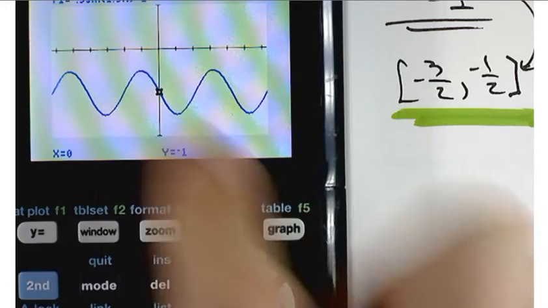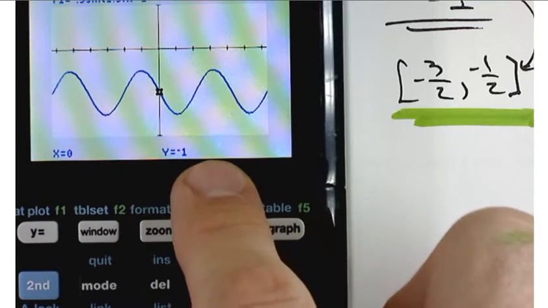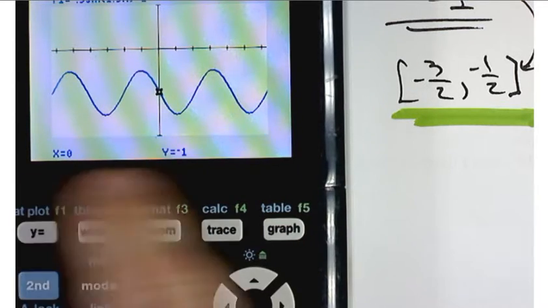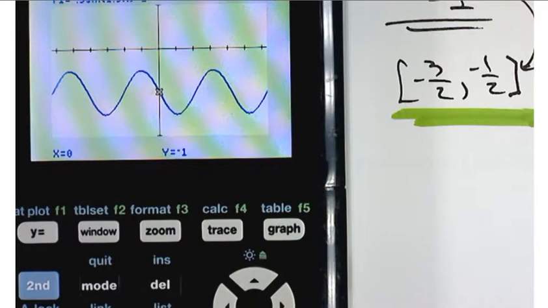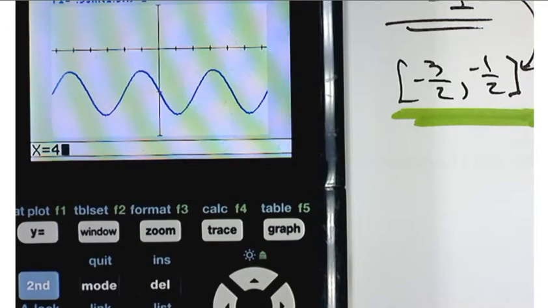When you're using the trace key, if you want to enter a value for the function to move to that point, you have to type something before it opens up the line down at the bottom. As soon as I type a 4, watch what happens on the bottom row. It opens up that row: 4 pi divided by 3.